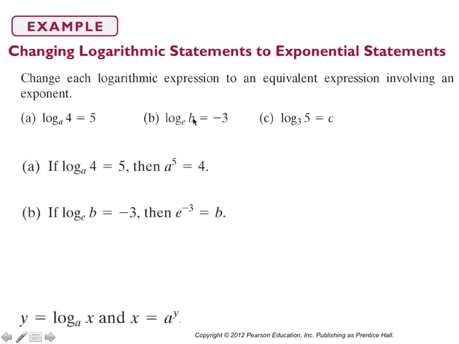So let me go ahead and give you about 30 seconds to try part C, see if you're able to rewrite that with a logarithm. Okay, so hopefully you figured out that this one is going to be 3, that's your base, to the c power equals 5.